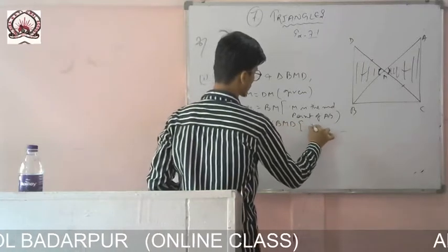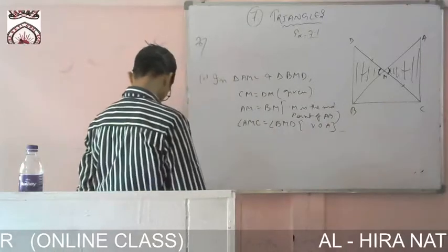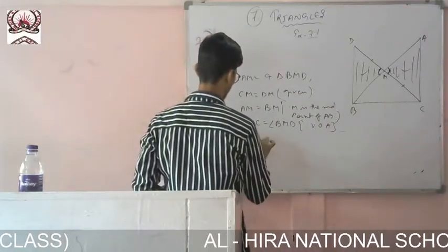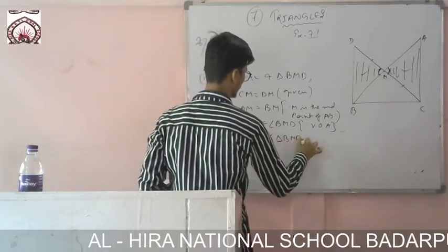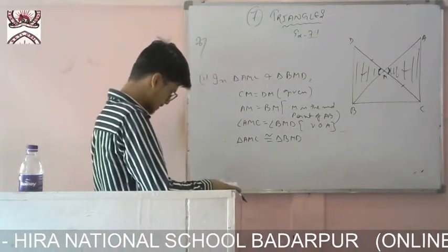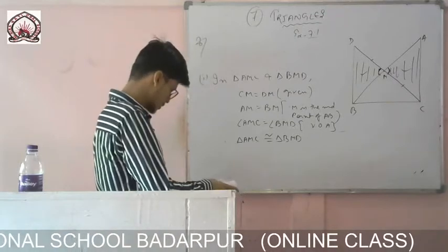The reason will be: since vertically opposite angles. So that means these two triangles are congruent. So triangle AMC is congruent to triangle BMD. Okay, so these two triangles are congruent, we have proved.